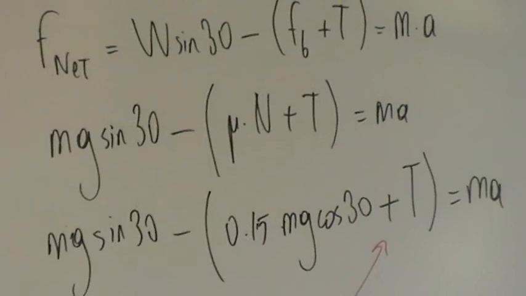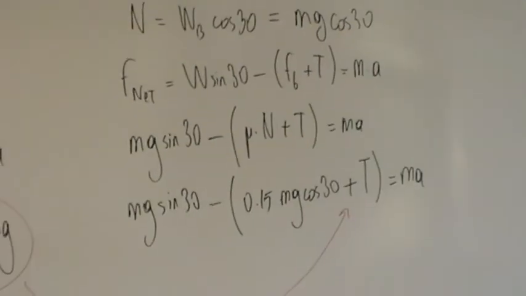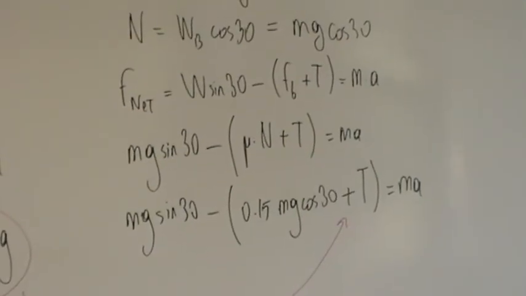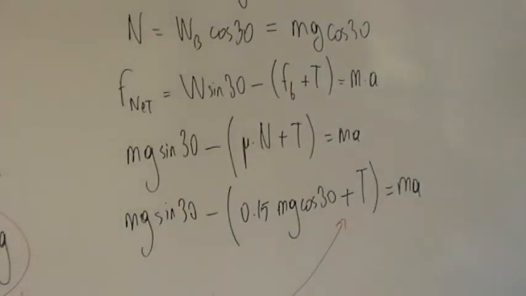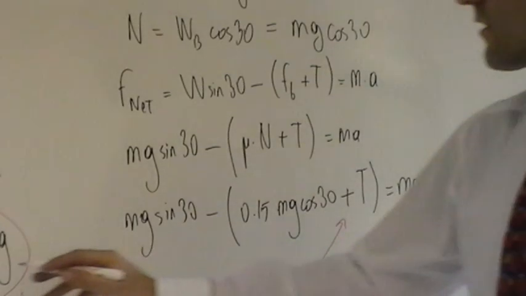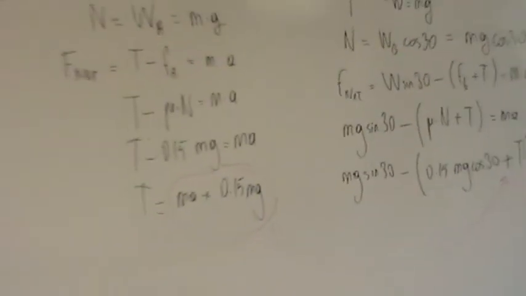If you solve this for a, you should get a as 1.1 meters per second squared. If you insert a over here in this equation, then you will get tension.